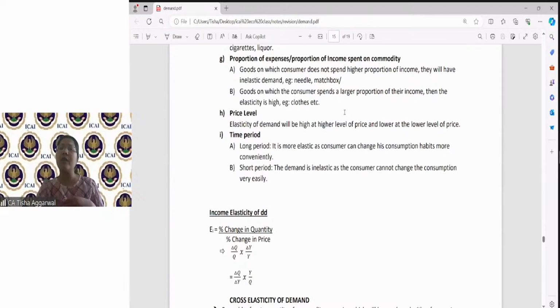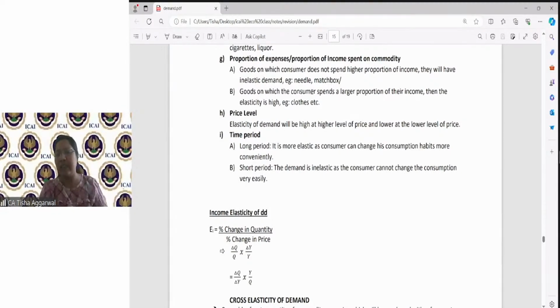Will your mother or father say that no, no, we cannot afford the needle now because the needle is very expensive? Imagine my salary is 50,000 rupees. Will that 5 rupees be almost nothing for me? It's immaterial. So if the product is very small in proportion to my income spent, I do not bother.